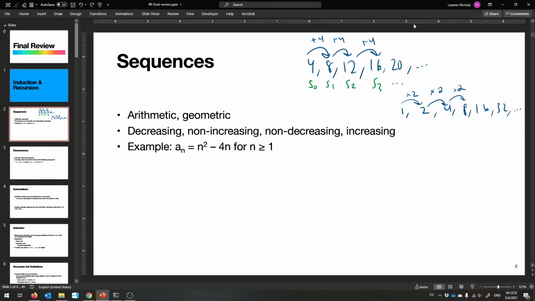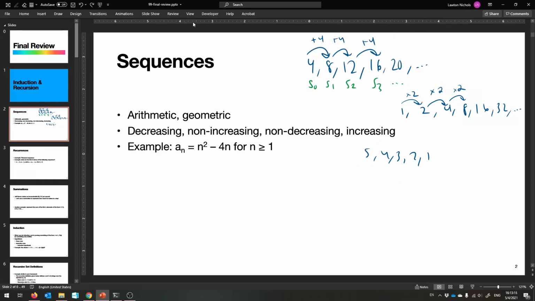And once you have a list of numbers, you can talk about whether it is decreasing, non-increasing, non-decreasing, or increasing. Let me show you examples of all of those. A decreasing sequence is always getting smaller. It's like 5, 4, 3, 2, 1. Also, sequences don't have to be infinite. They could be finite. This could be the entire sequence. It's totally fine.